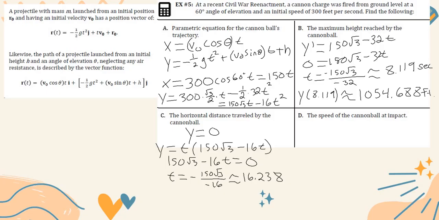And then we're looking for the x. So then you're plugging in, and yes, we should get 2,435.6, which is roughly double that.